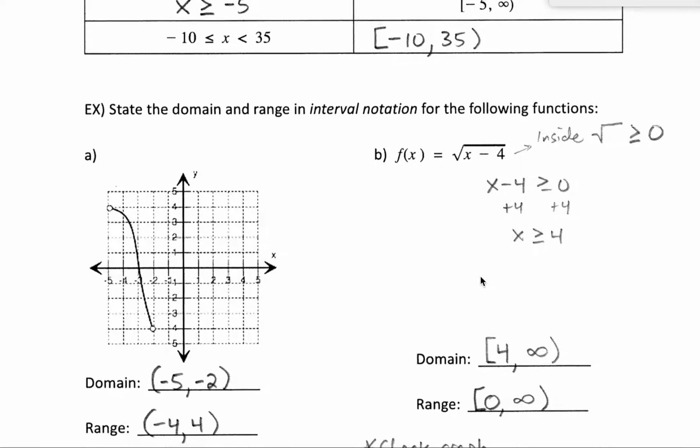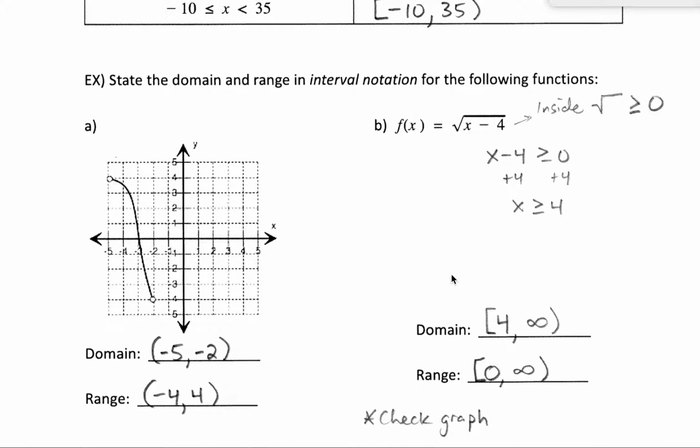All right, we use interval notation a lot to describe domain and range, among some other things we'll see later on. So let's practice using interval notation when we state domain and range of graphs or just function equations. Given a graph, the easiest thing to do is to identify what x values are being used.